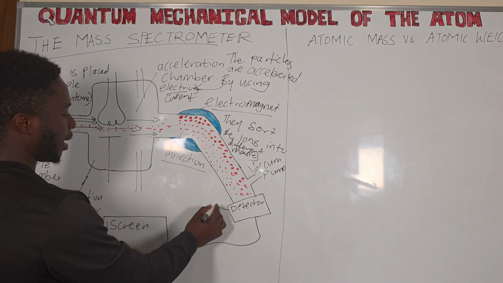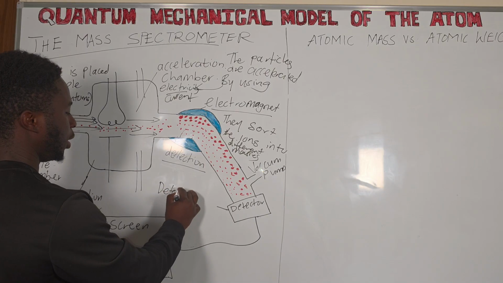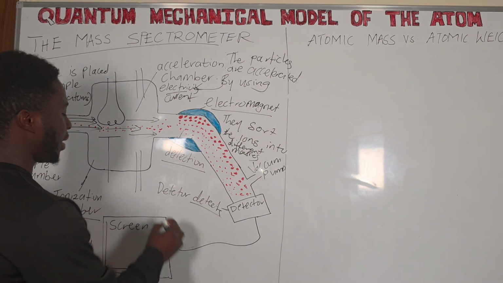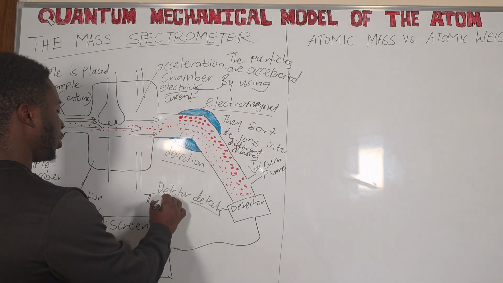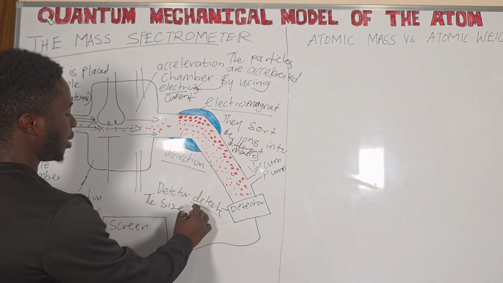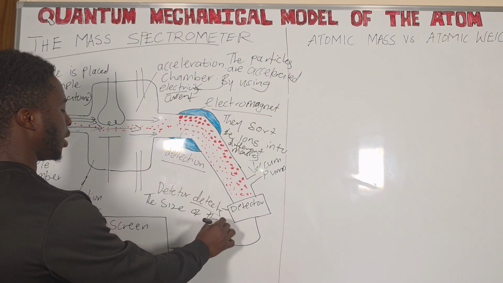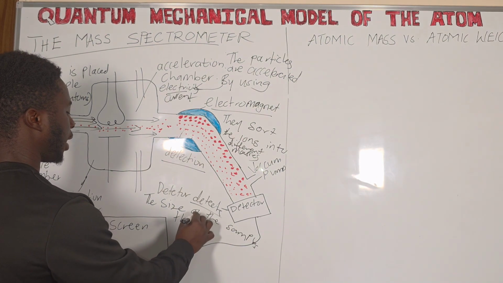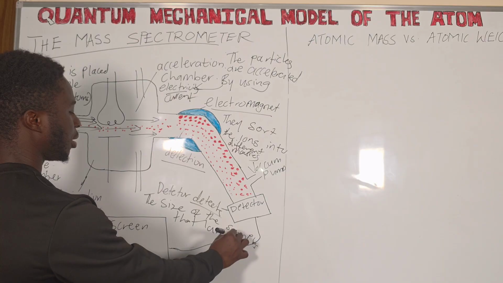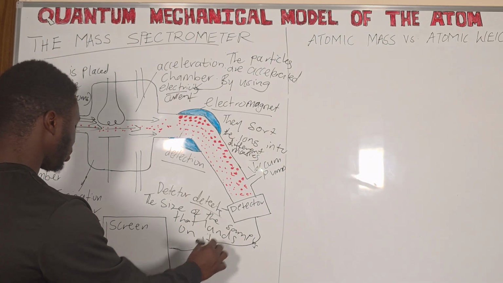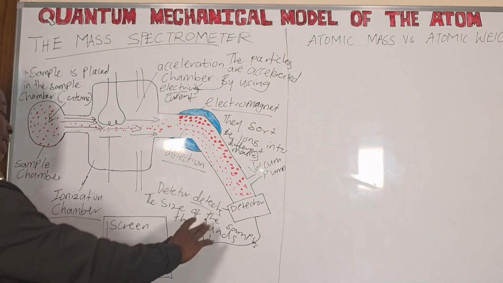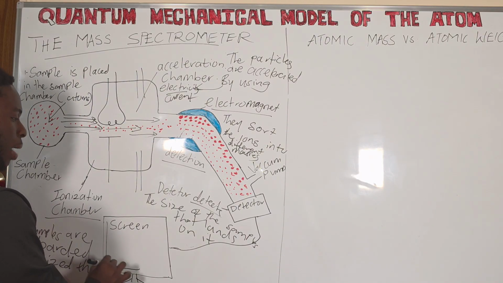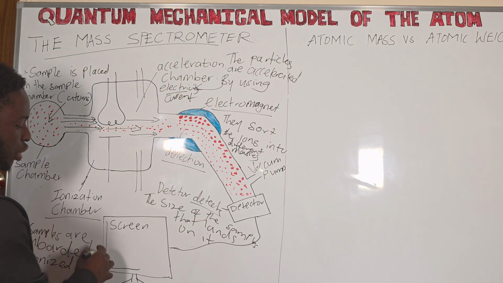And then the detector detects the size of the samples that land on it. Once that is done, it comes to the screen, and then the sample mass to charge ratio is read on the screen.